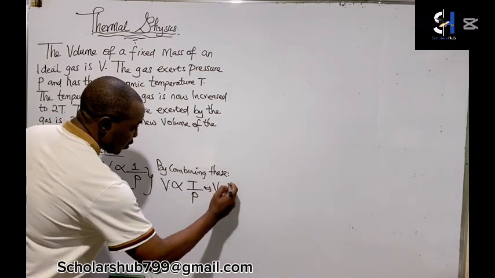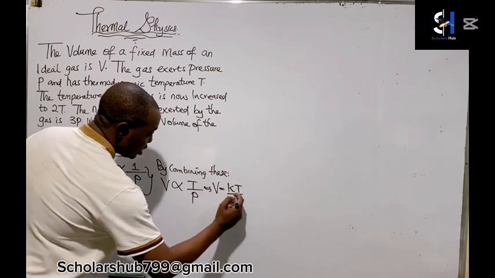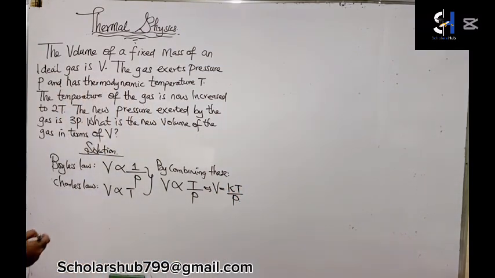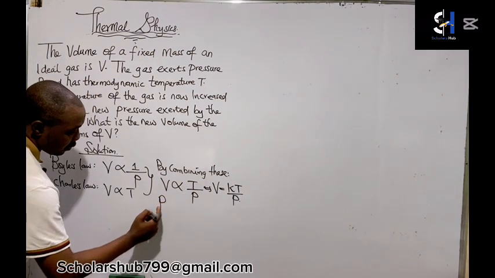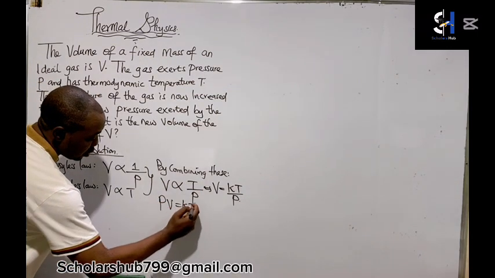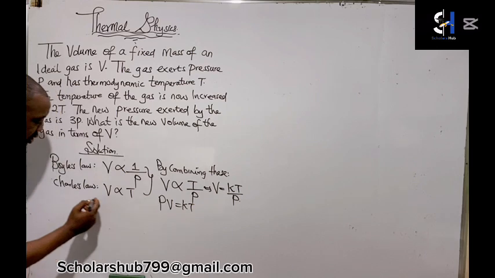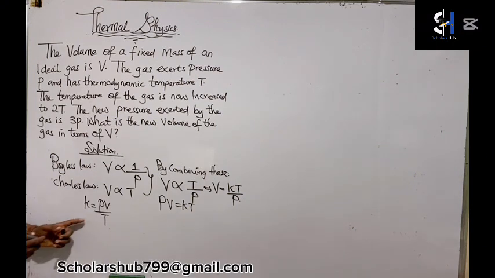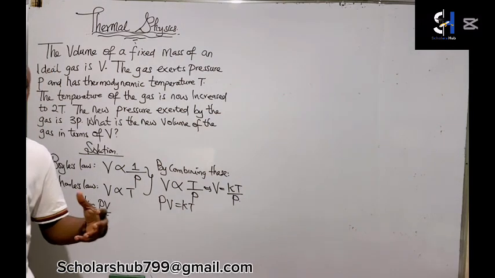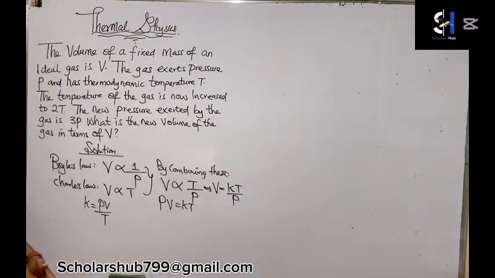Let's say the constant is K. So we have V equals KT over P. When we cross multiply, we have PV equals KT. Let's express K in terms of PV and T: K equals PV over T. This K stands for the ideal gas constant from the ideal gas equation.